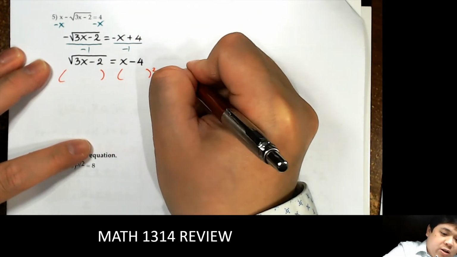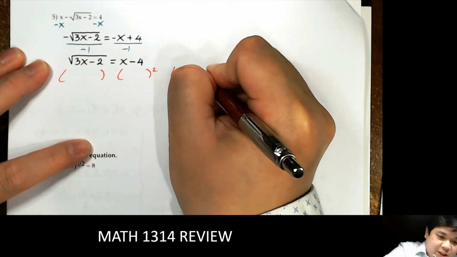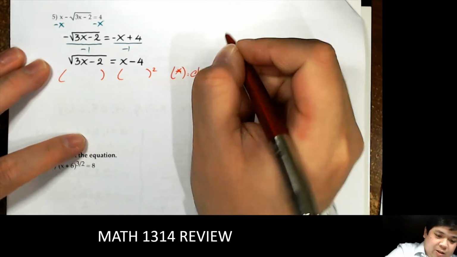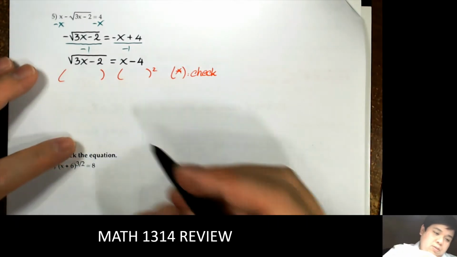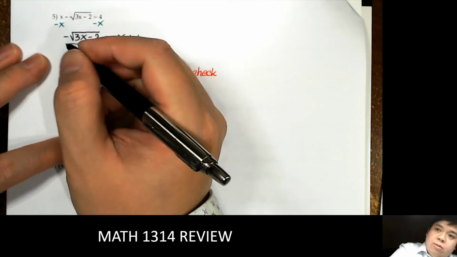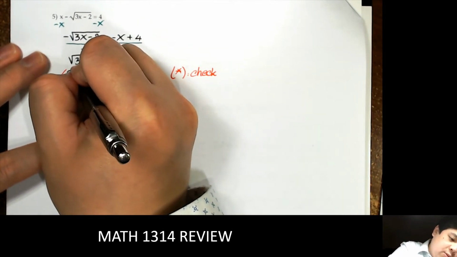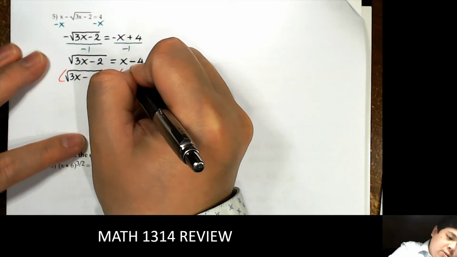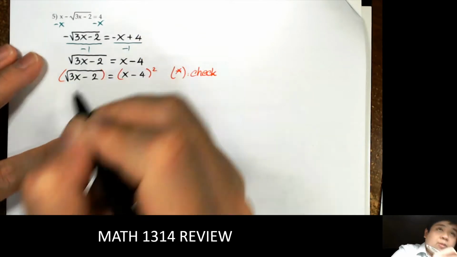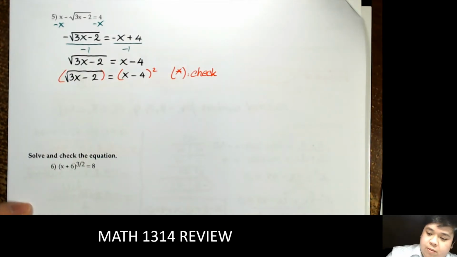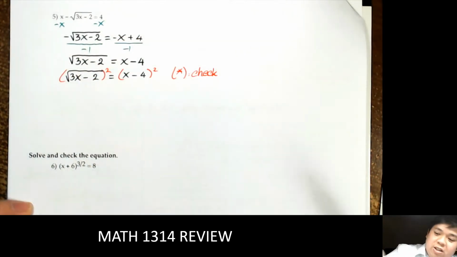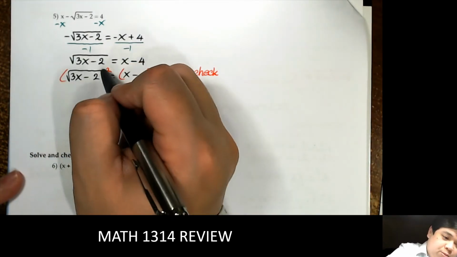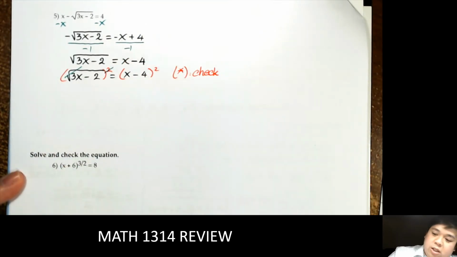When we do that, make sure we check. Of course, square both sides. Square cancels the square root.